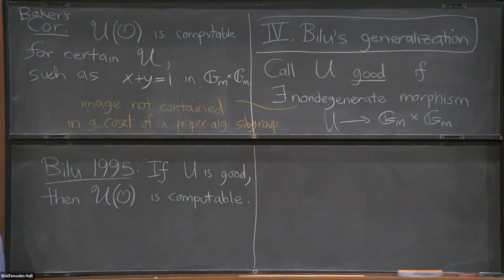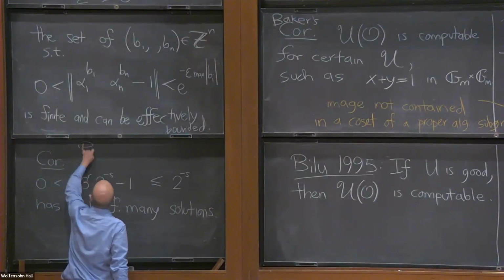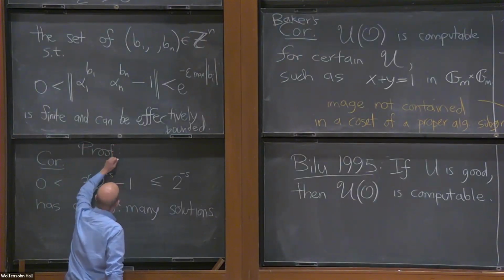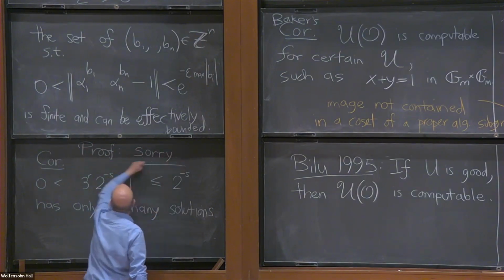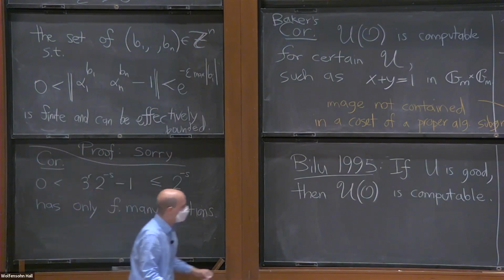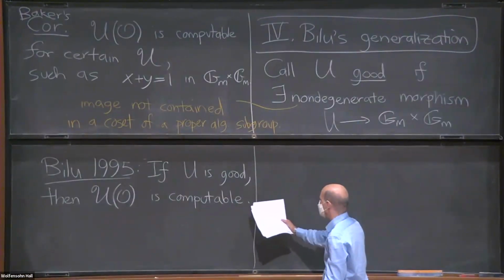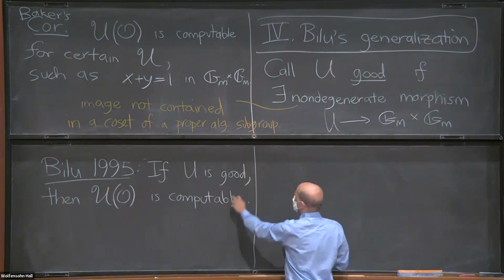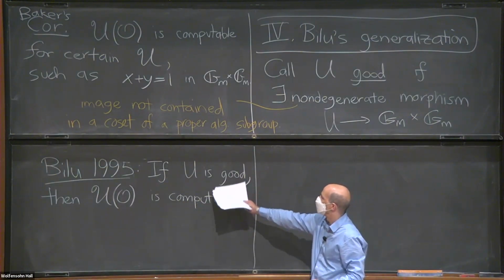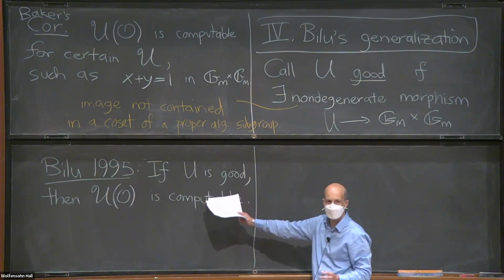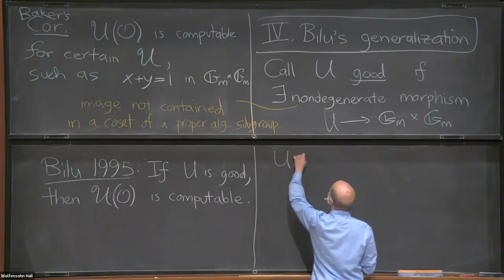And as for the proof, I guess I skipped the proof of Baker's theorem. Maybe all I can say about that is, okay, but all right. So now the question is, which curves are good? What does it mean for a curve to be good?